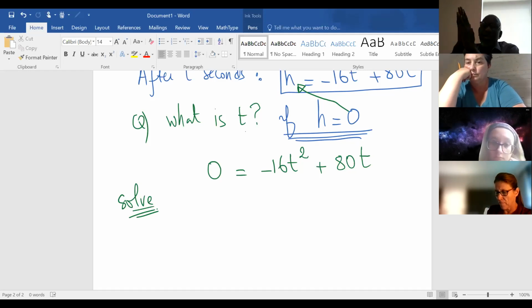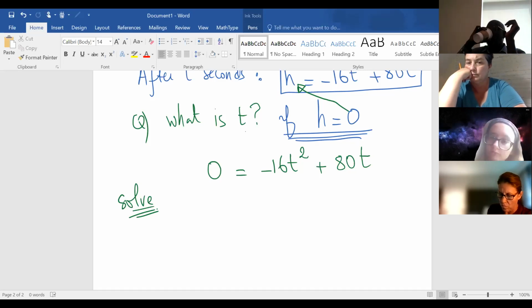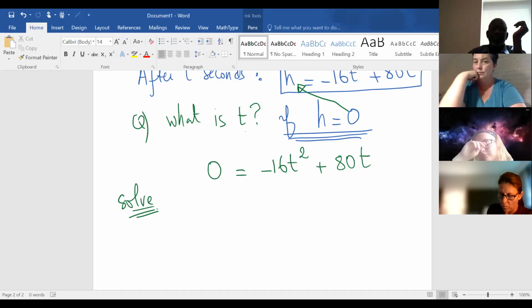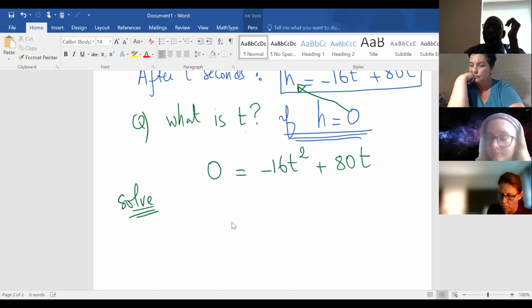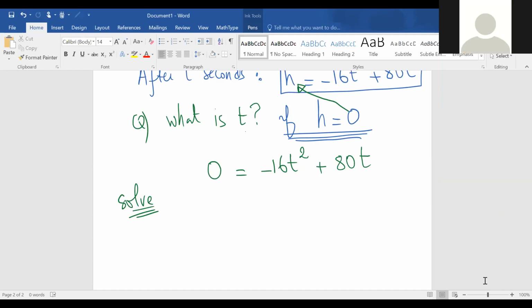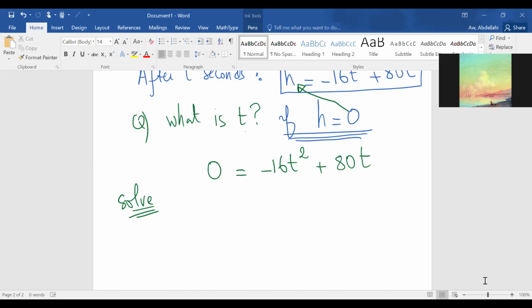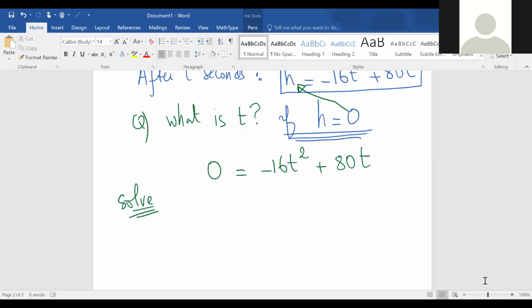Go ahead, I leave you like 1 minute. Everybody try to factor negative 16t squared plus 80t. How are you going to factor that?